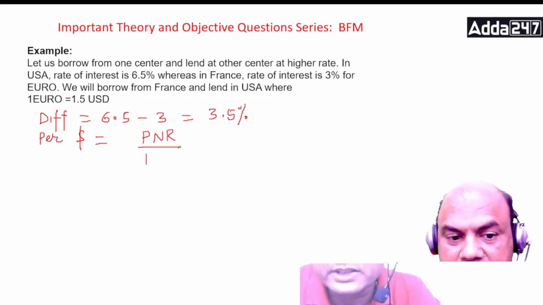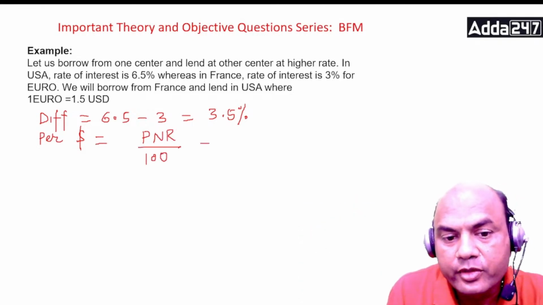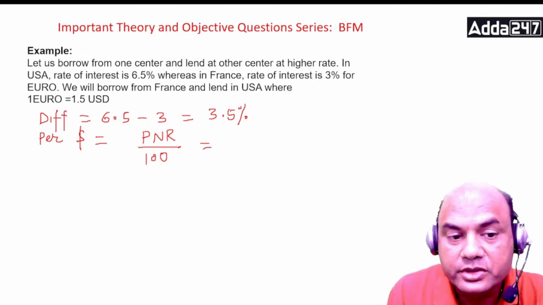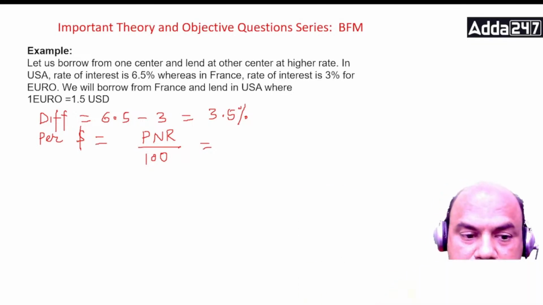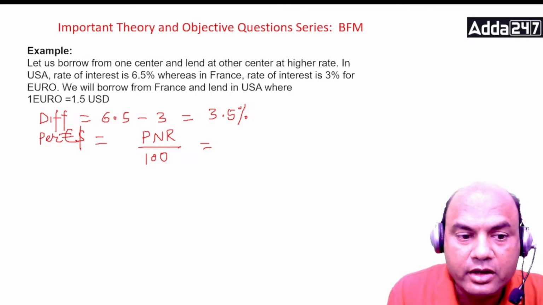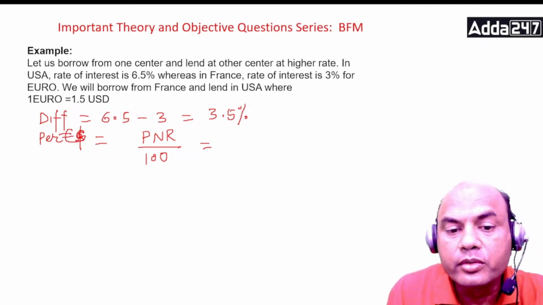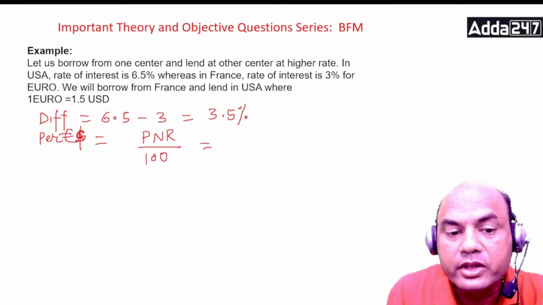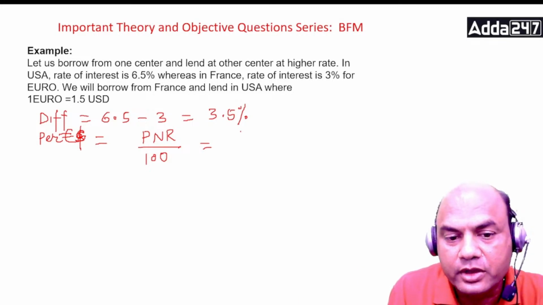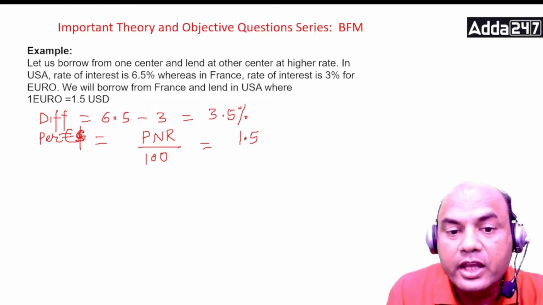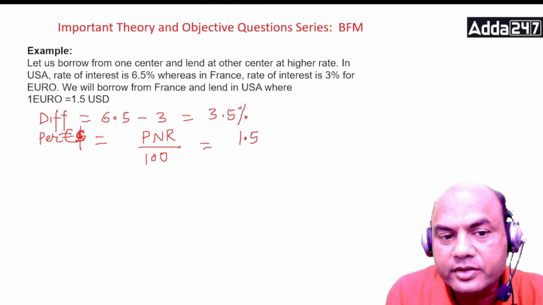We also call this the forward point, right? So what is P? Per dollar, so 1.5 USD per euro. What am I earning per euro? My principal is 1 euro, which means 1.5 USD. So 1.5 in 1 year. See here, these interest rates are all for 1 year.